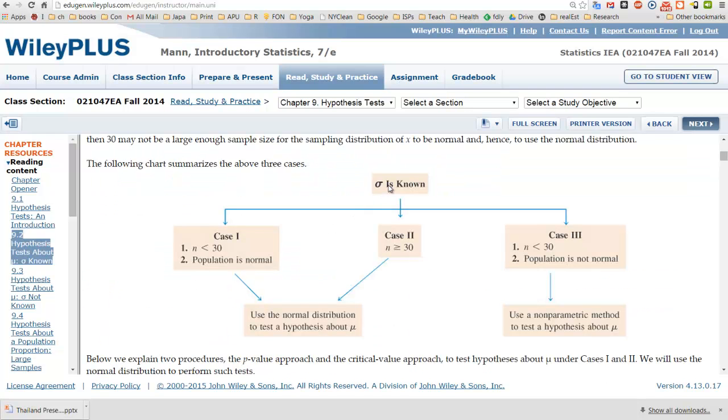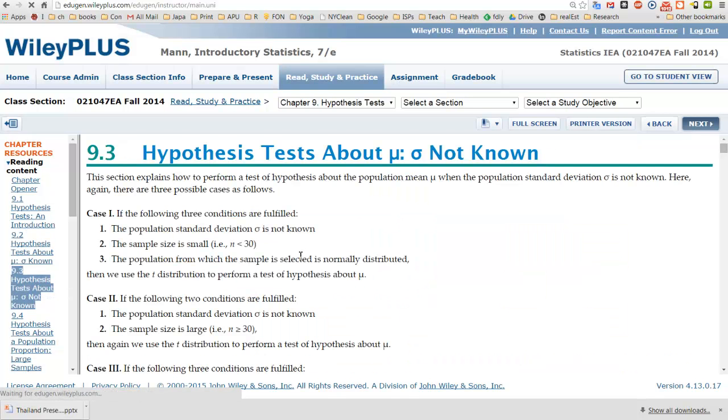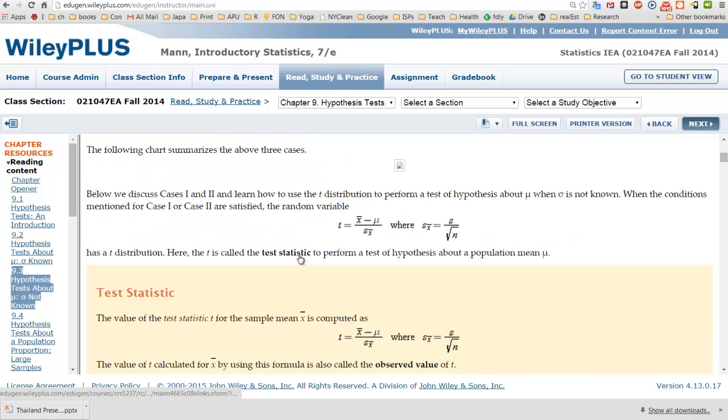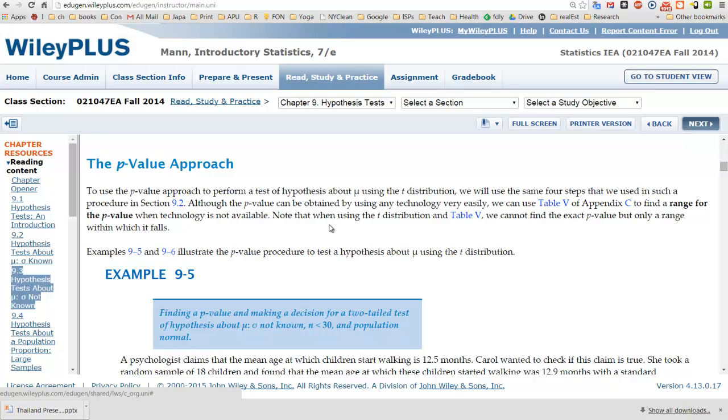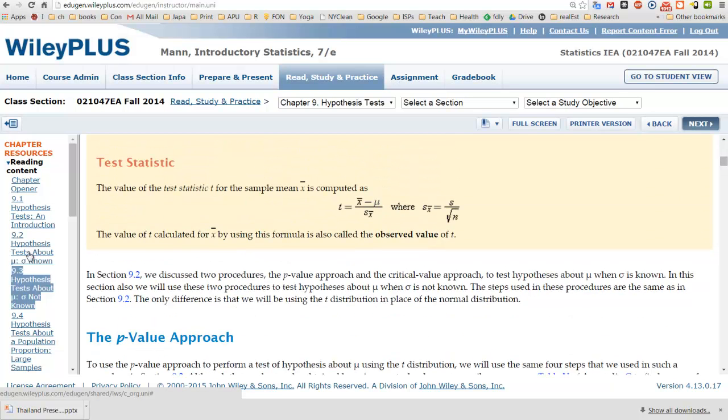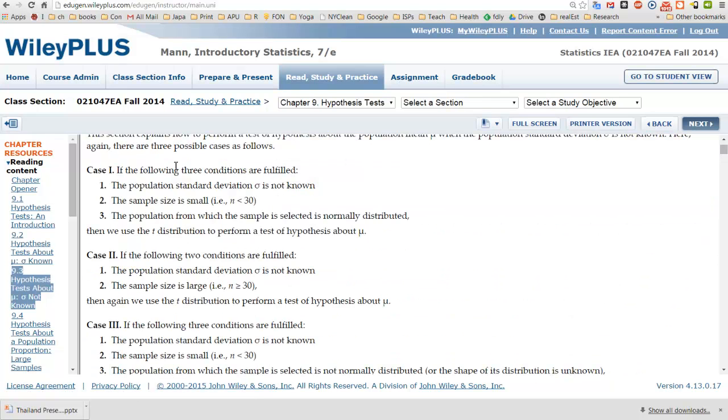Here, this is when sigma is known, and then section 9.2 is the more realistic case when sigma is not known. Then we have to use the t-table, and again we have case 1, case 2, case 3, and you can check these. These are similar to what we looked at before.